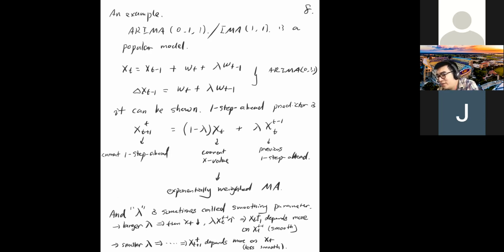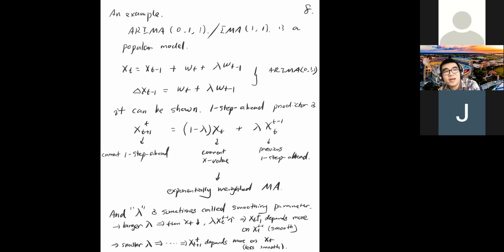However, if you have a larger lambda, then you will think that even though I have a large shock today, tomorrow's prediction won't be that bad because it depends a lot on my previous one step ahead forecast.